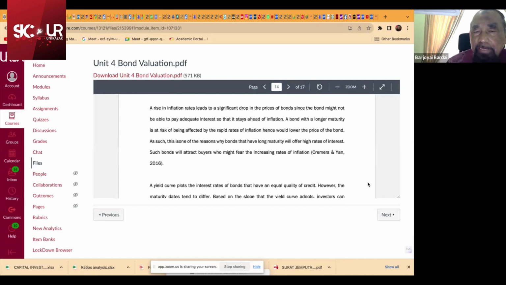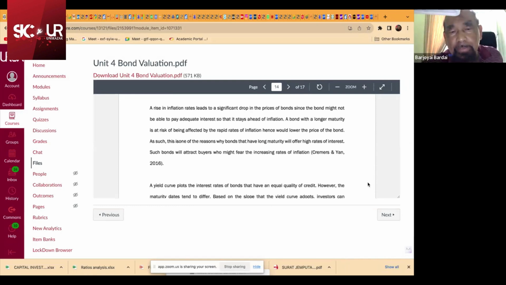A rise in the inflation rate will lead to a significant drop in the price of the bond, since the bond might not be able to pay adequate interest to stay ahead of inflation. So a bond with a longer maturity is at risk of being affected by a rapid rate of inflation, which would lower the price of the bond.